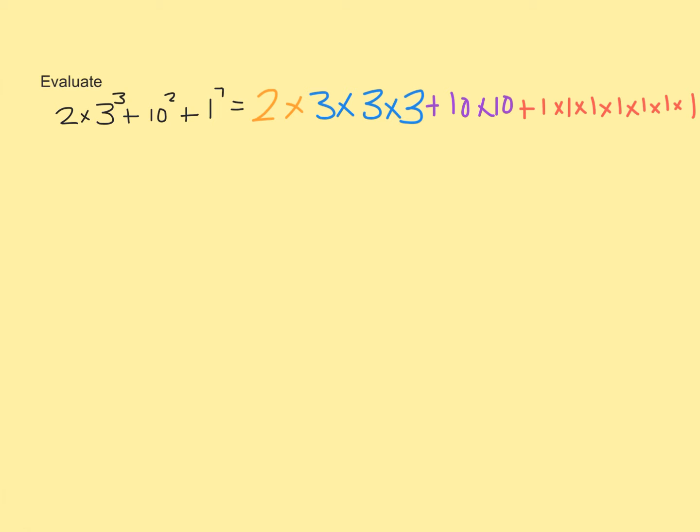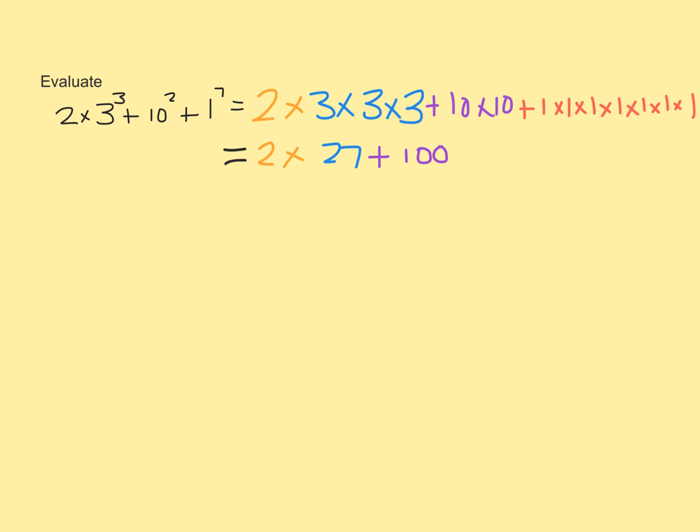The first thing we need to do is put our little equal sign down, and we've got 2, and we now need to multiply 3 by 3 by 3. 3 by 3 is 9, times 3 is 27. Awesome. The next thing I need to do is add my 10 by 10, which is 100.